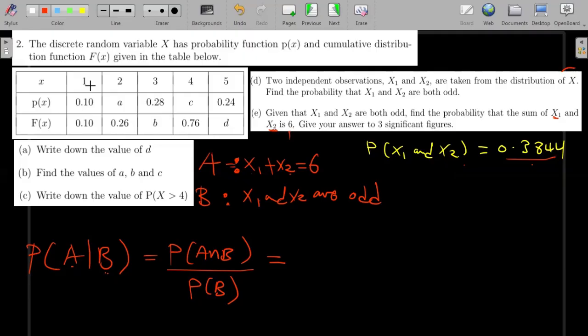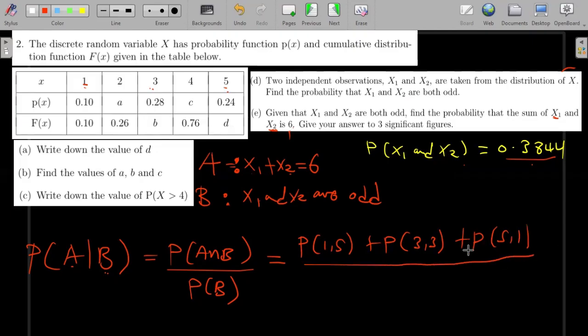The odd pairs that sum to 6 are 1 and 5, 3 and 3, and 5 and 1. So we're going to say the probability of (1, 5) plus the probability of (3, 3) plus the probability of (5, 1), and then we divide all this by the probability of odd.